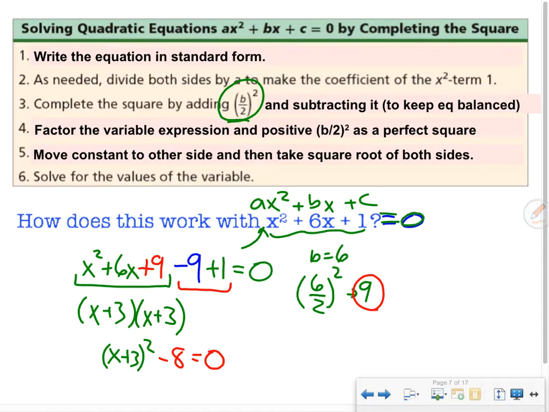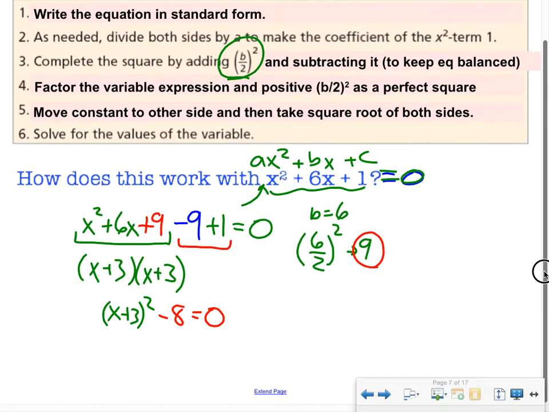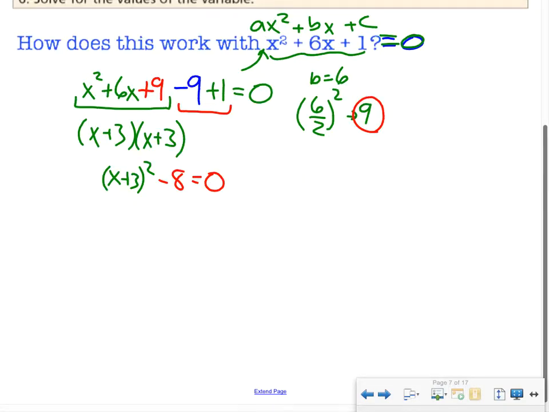I want to mention something real quick. It's important to know this. What I've written here, we've already completed the square. We're pretty much home free. This general form is called vertex form. It is in vertex form. The vertex of the parabola can be pulled out from this formula.